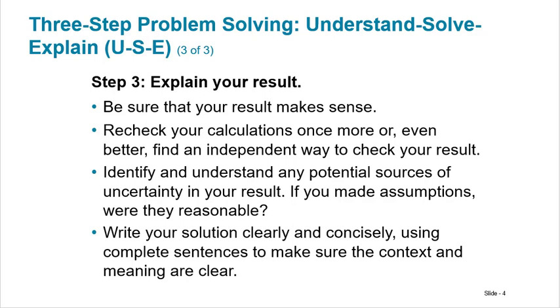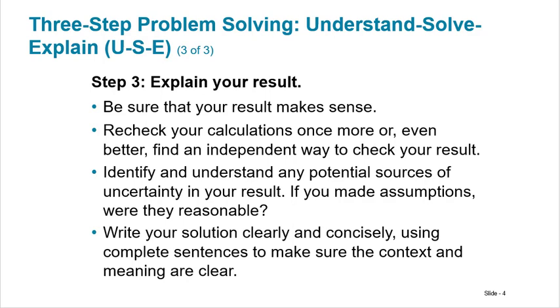Recheck your calculations one more time, and even better if you can, find somebody else to check your work for you, right? So this goes back to if you're doing this in the real world, you get a coworker or somebody to look over your results and your work, and usually a fresh set of eyes can find something easier than you can. Identify and understand any potential sources of uncertainty in your result. If you made some assumptions, were they reasonable?